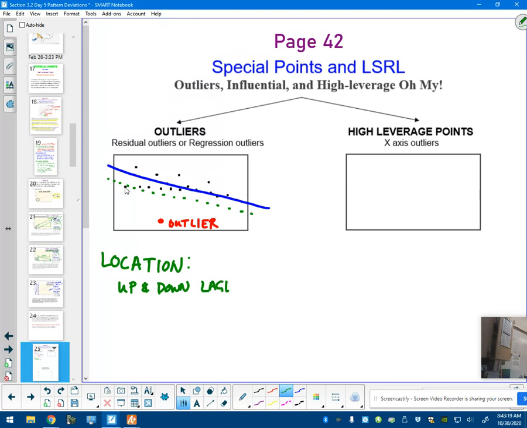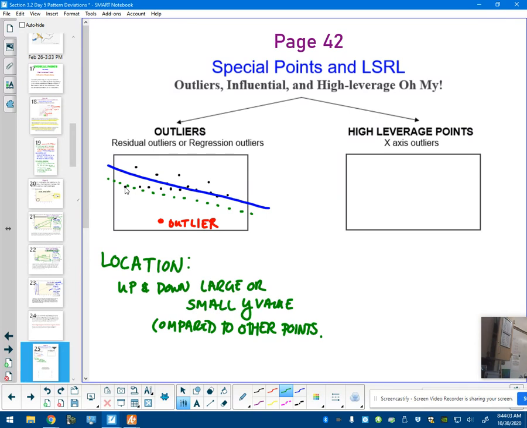Large or small y value compared to the rest. So, kind of to answer Alex's question, just because a point has the biggest y value does not make it automatically an outlier. Like if I take that red point away, then there are no outliers.